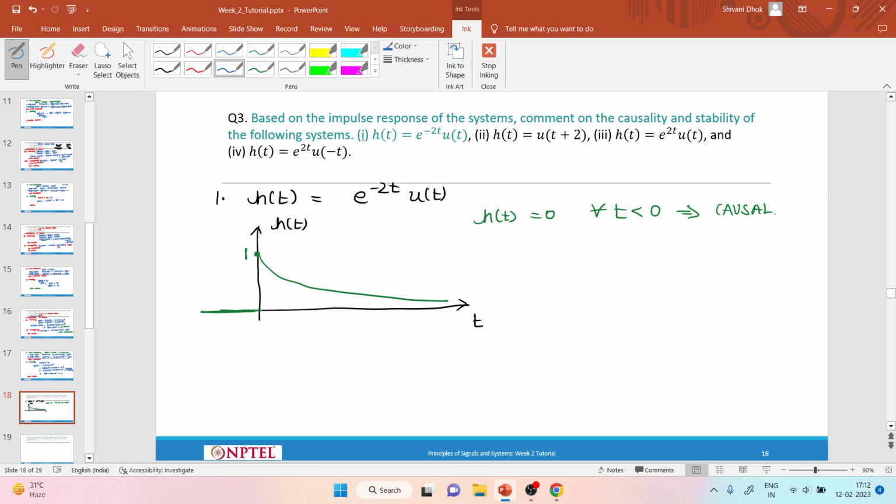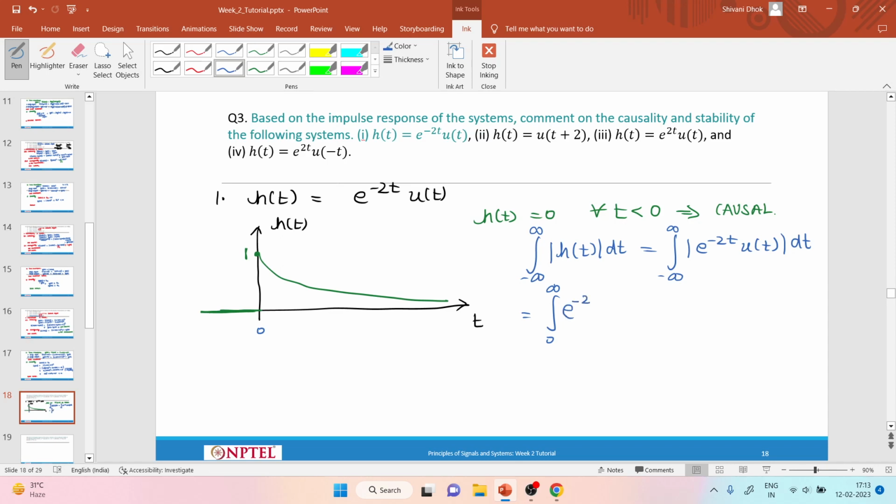For stability, what do we need to look at? We need to see whether this is absolutely integrable. So this is equal to the integral from minus infinity to infinity of the absolute value of e power minus 2t u of t dt. Now we observe here from minus infinity to 0 this signal is 0, so we can conveniently change the limits from 0 to infinity. Again, this h of t is always positive, so we can ignore that absolute sign.